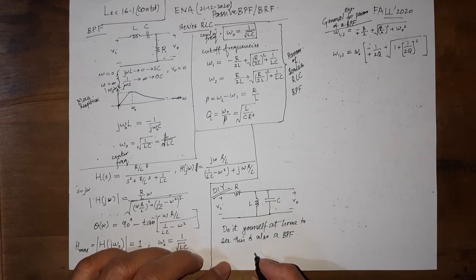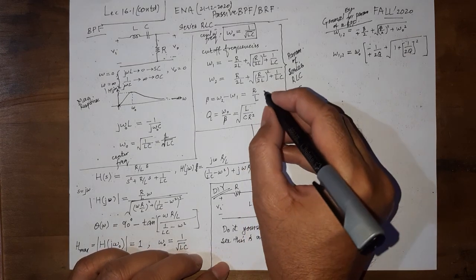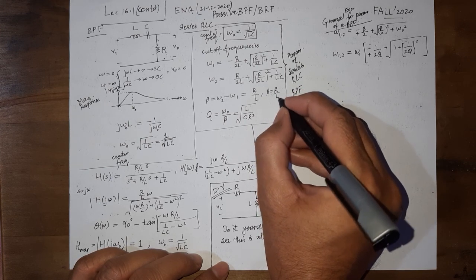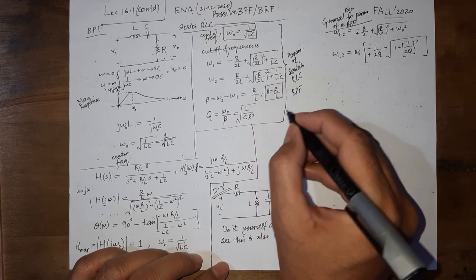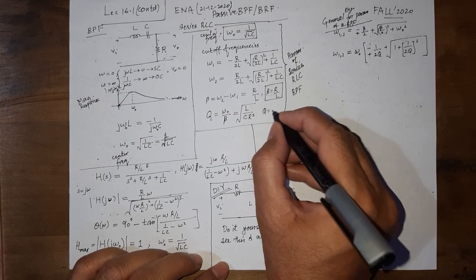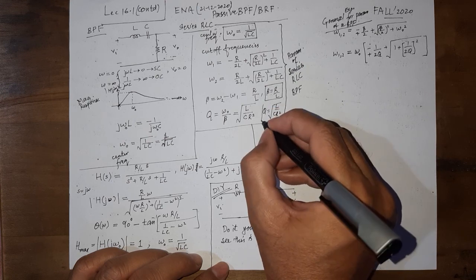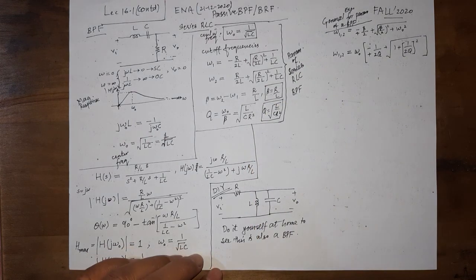Let me tell you that while beta here is R by L, writing it again so that I can enclose it in a box, and Q is equal to square root of L over C, divided by R. For this circuit, when you try to find everything, you will see that omega naught is still equal to 1 over square root of LC, and beta will come out to be something like 1 over RC.